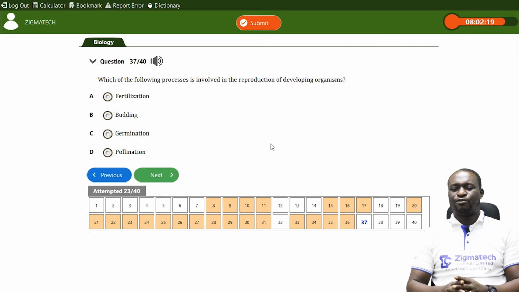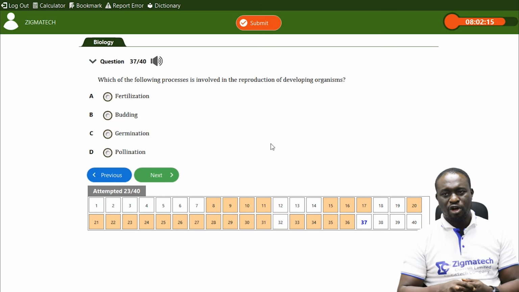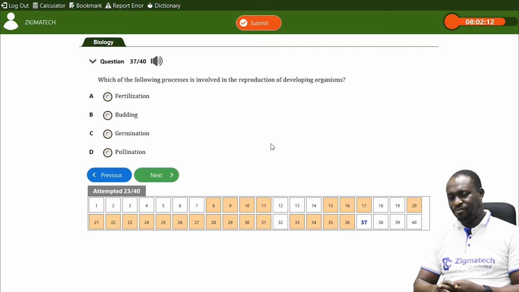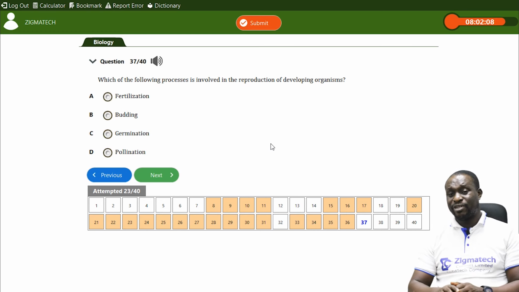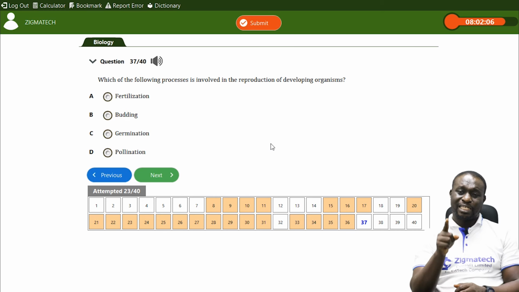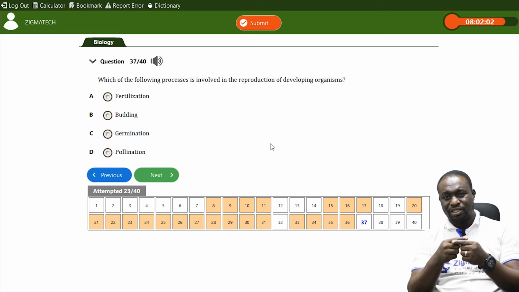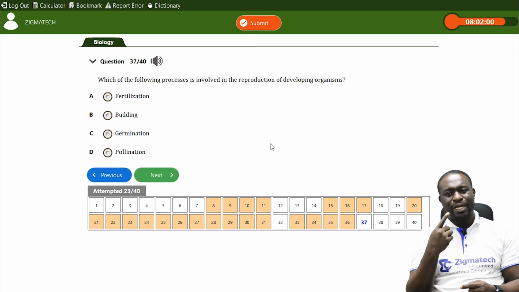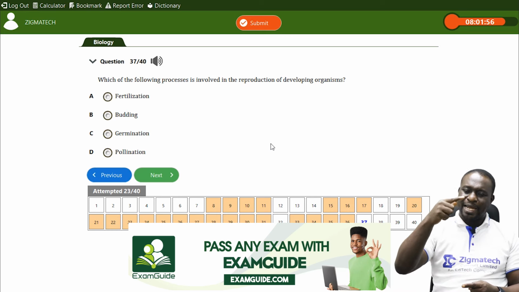37. Which of the following processes is involved in the reproduction of developing organisms? Now listen to the words developing organisms. The correct answer is fertilization, because fertilization has to do with the union of gametes, which produces what we call a zygote. The zygote then develops into an embryo.